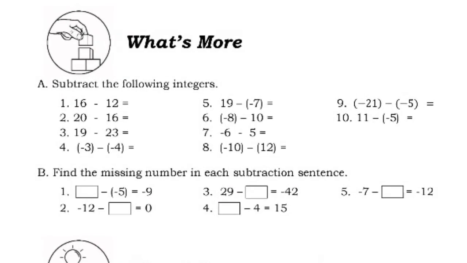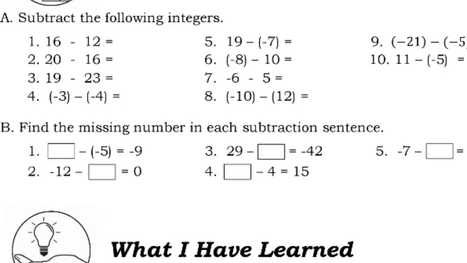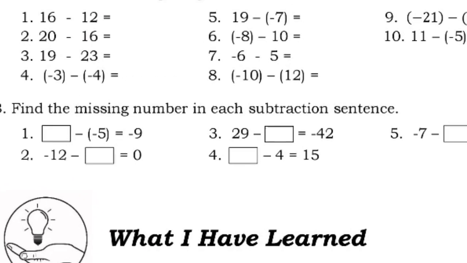Then, what's more? Activity A. Subtract the following integers. So, again, you're going to base this one on our discussion earlier. B. Find the missing number in each subtraction sentence. So, you're going to supply a number that can make the equation true. Let's have example number 1.